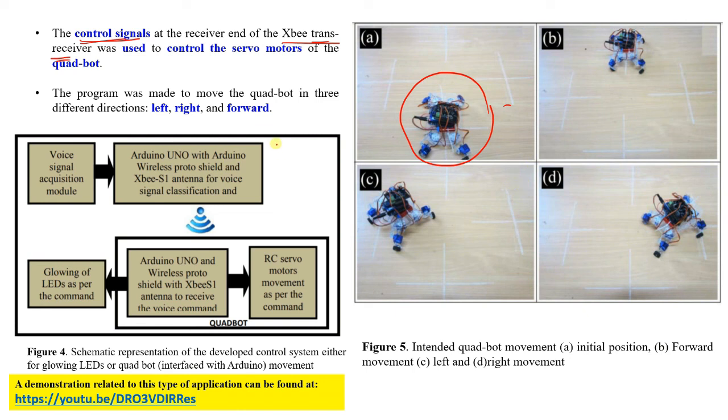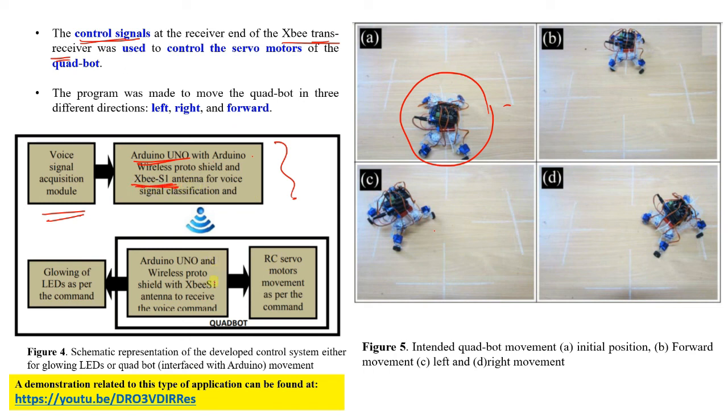The voice signal acquisition module was developed, and after it was tested and all these parameter ranges were set, we used this microcontroller to implement that program with the help of an Arduino Uno. The control signals being generated were sent to the quad boards through the Zigbee transceiver systems.